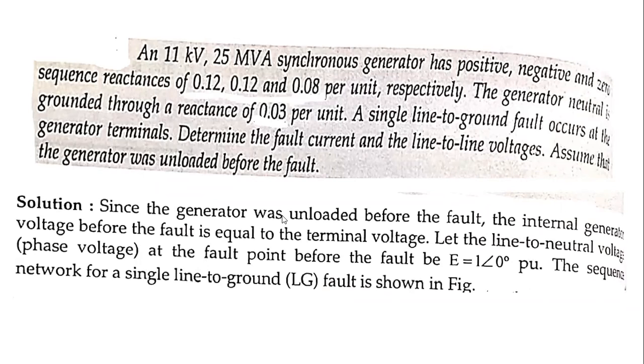Since the generator was unloaded before the fault, the internal generator voltage before the fault is equal to the terminal voltage. Therefore let the line to neutral voltage at the fault point be E equal to 1 at an angle of 0 degrees per unit. Consider the sequence network for a single line to ground fault.